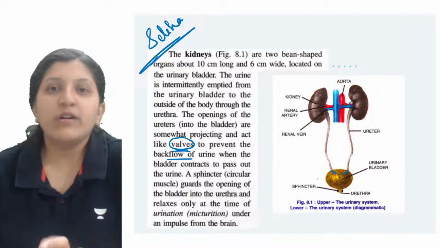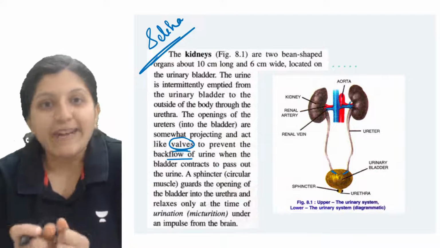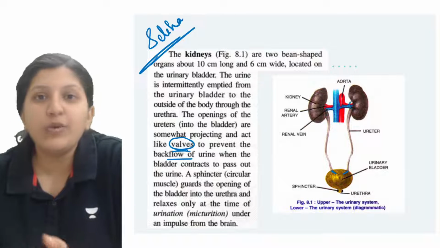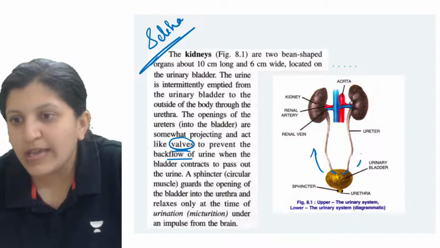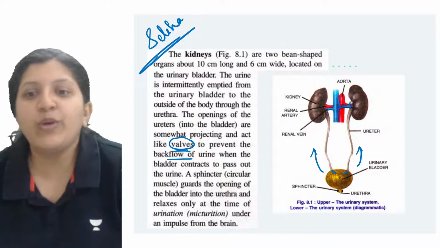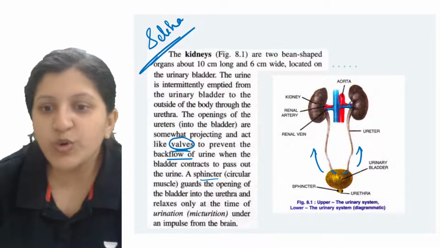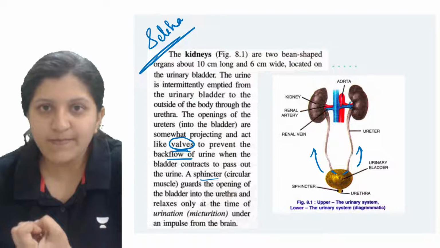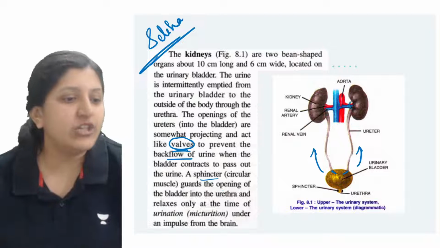When the bladder contracts, there is a chance that the urine can flow back through the ureter. In order to prevent that, there is a sphincter muscle present, which will relax or open up, and then urination is possible.